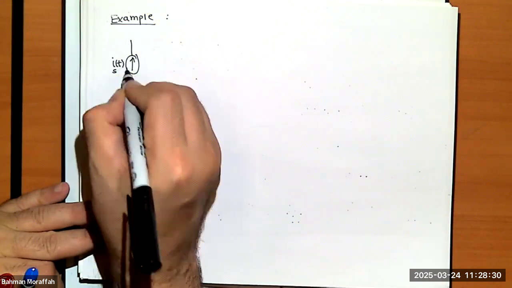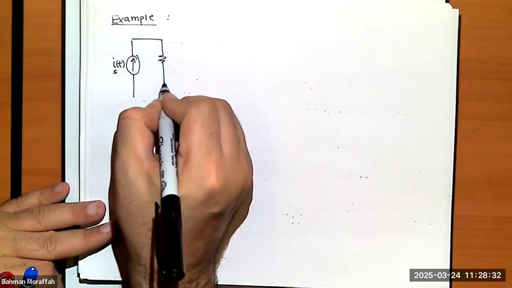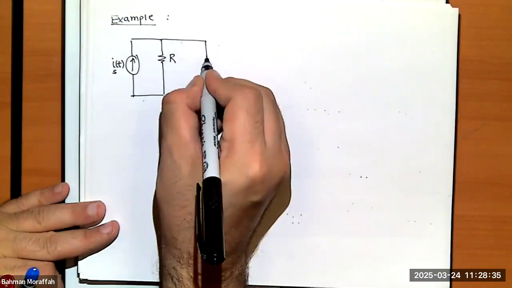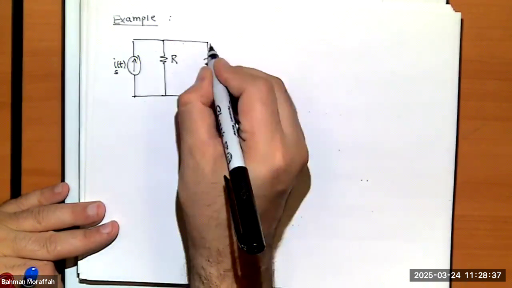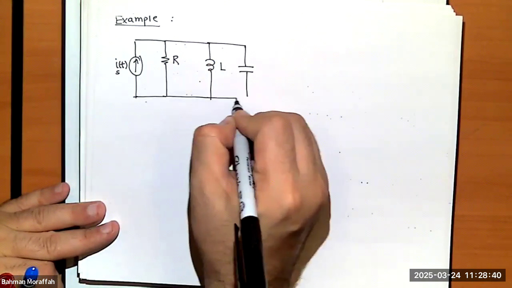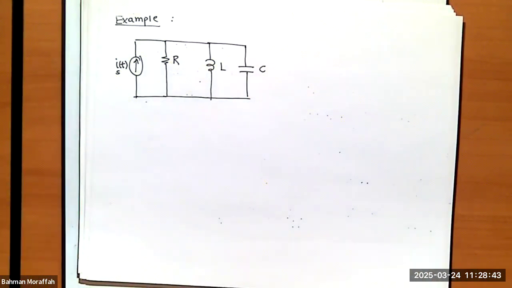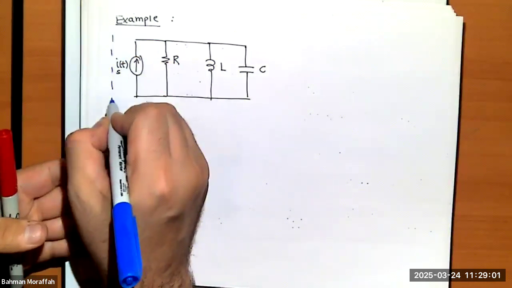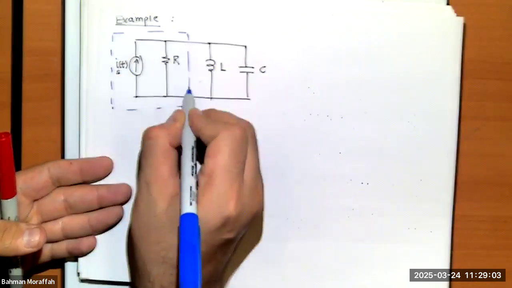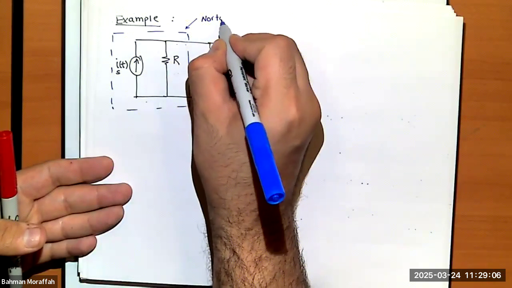I have this Is of t followed by some R, an inductor L, and a capacitor C. Again, just like the first order circuit, we can think of this R, C, and L together as my load, and the rest of the circuit as a black box. I find the Norton equivalent. So this over here could be thought of as my Norton equivalent.